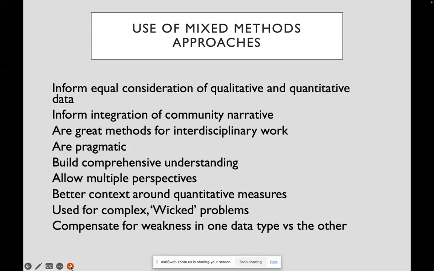It helps us to be pragmatic in our work, to make sure that we are looking at all sides of it, we're not leaving things out, and to build a more comprehensive understanding of what the impacts are. So it's really building this matrix, if you will, of bringing together different kinds of evidence and using them in a complementary fashion to really compensate for the weaknesses in one that is in the other. I'll show you what I mean a little bit later.